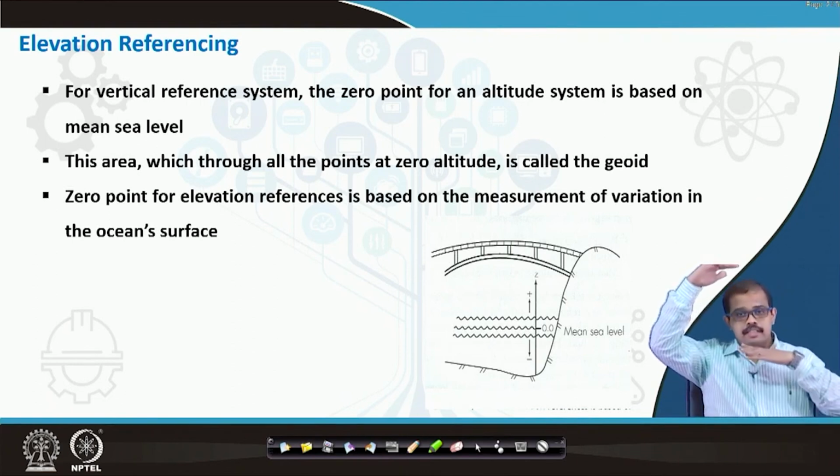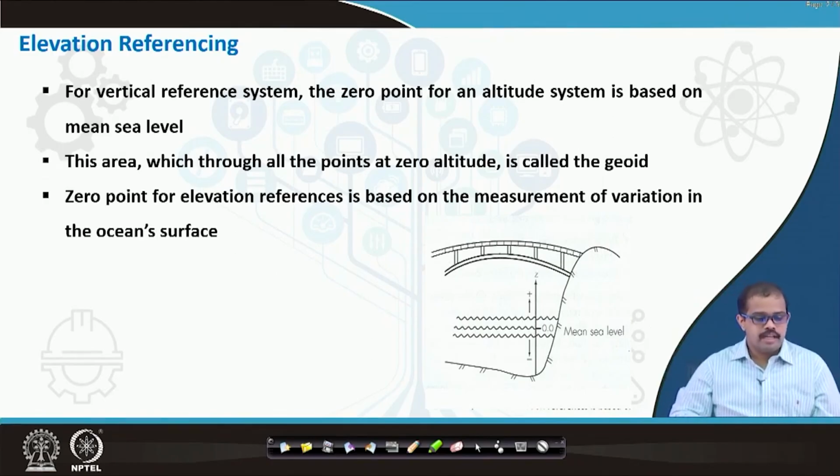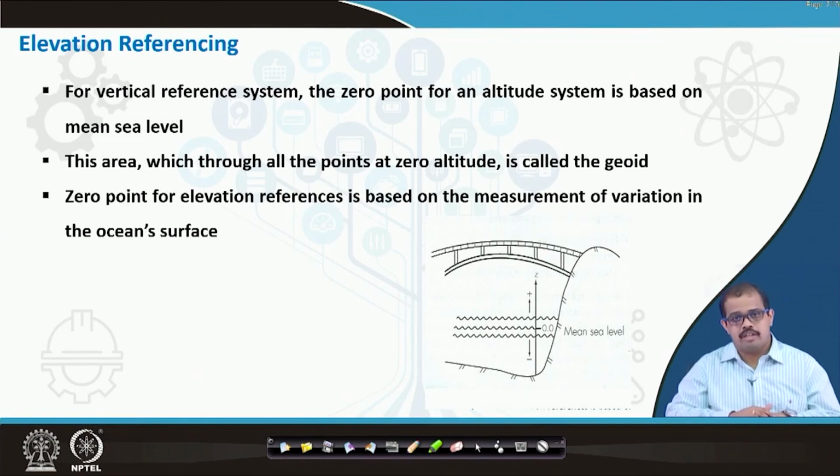So the mean sea level is always a referencing point. The surface through all the points at 0 altitude is called a geoid. Please keep this in mind. This surface through all the points of 0 altitude of the earth's surface is called a geoid. Geoid is nothing but 0 altitude.